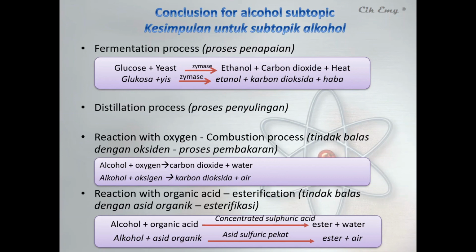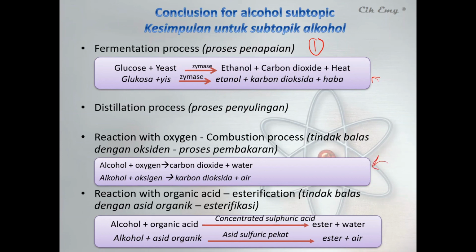Okay, so conclusion untuk topik alkohol. Yang pertama, awak mesti tahu proses penapaian. Awak kena tahu apakah observation for fermentation process, and then you have to memorize the word equation. This one kena ingat. Kemudian you have to know the distillation process, and then you have to know the reaction of alcohol with oxygen.